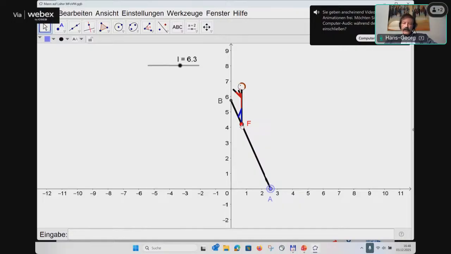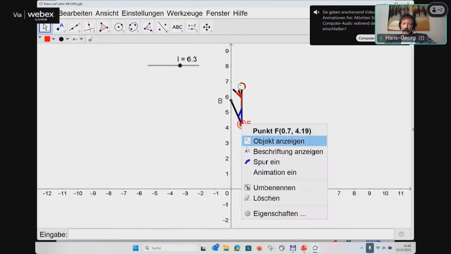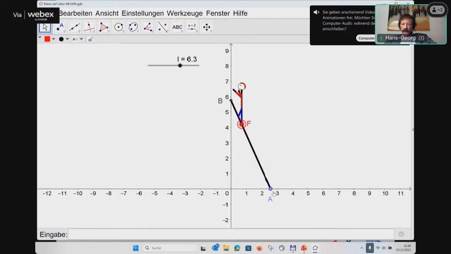It is easy to do if we trace the locus here, and it is done in this way. I think you recognize it's really not what you might have thought. I also thought differently when I heard the problem the first time, but it's an ellipse.